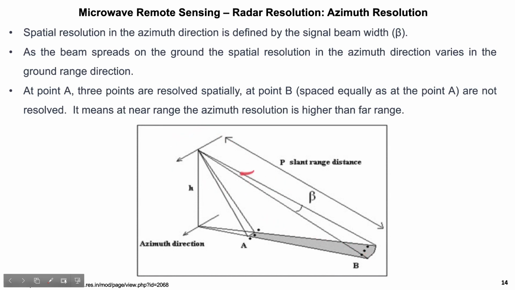So this means that your azimuth resolution at the near range is higher than at the far range, because you are able to detect individual objects in the near range, but you are unable to distinguish these three objects in the far range.